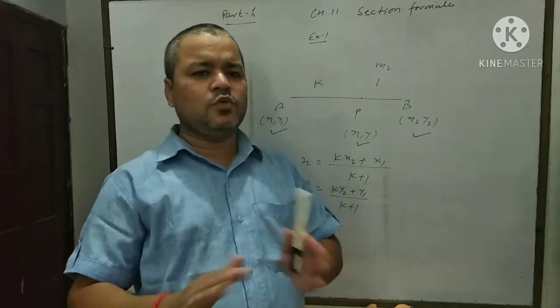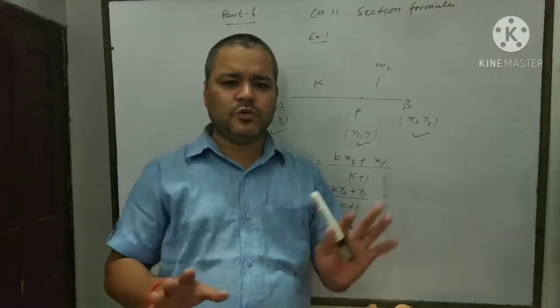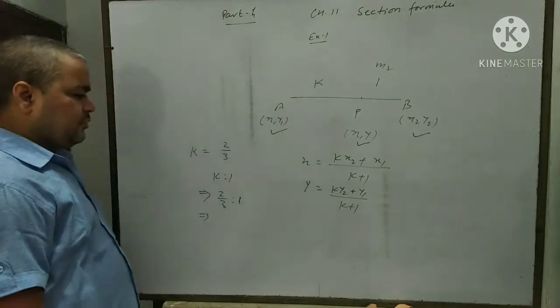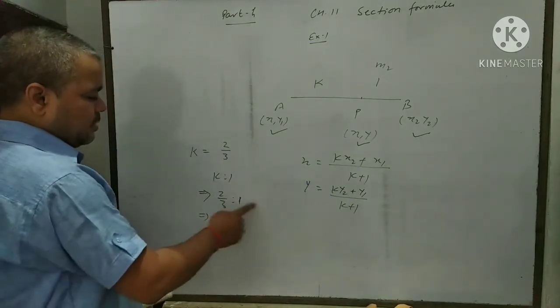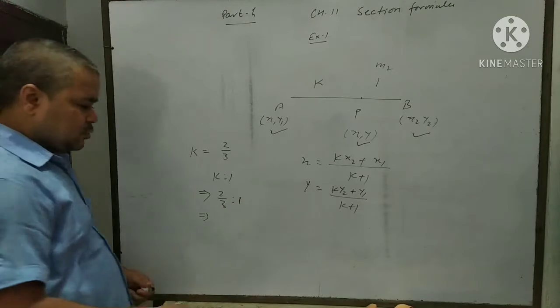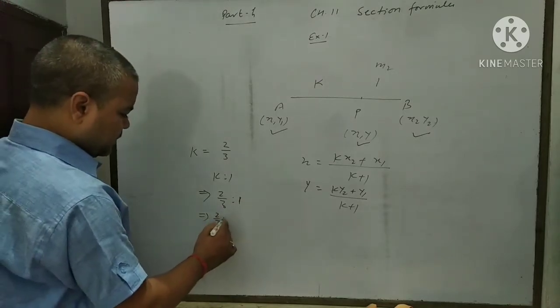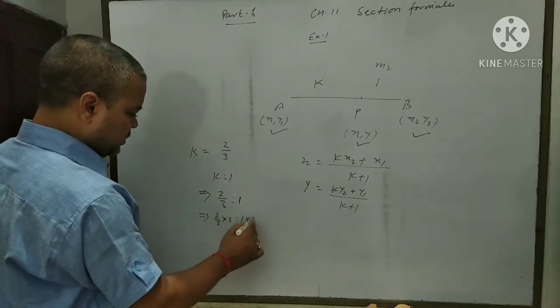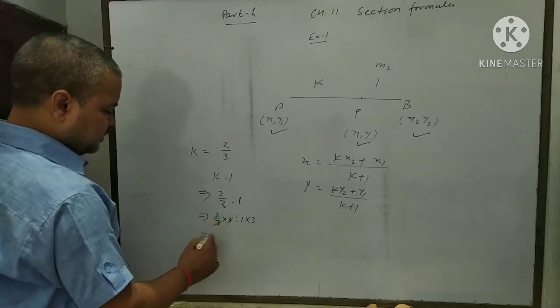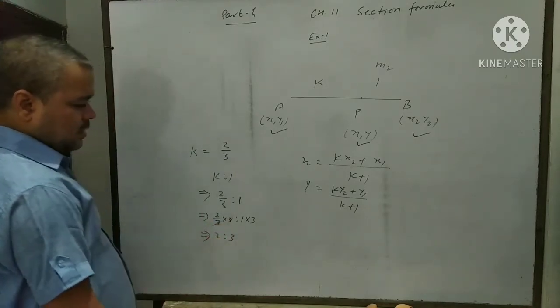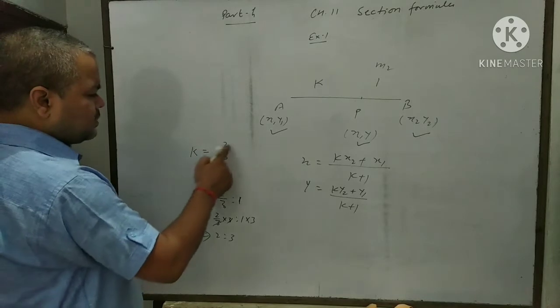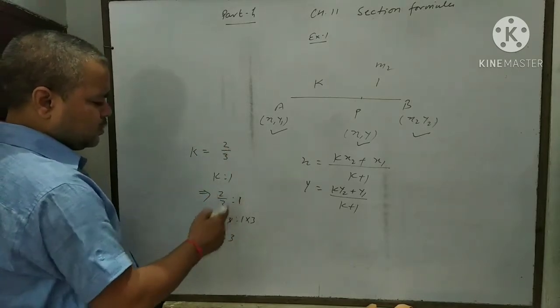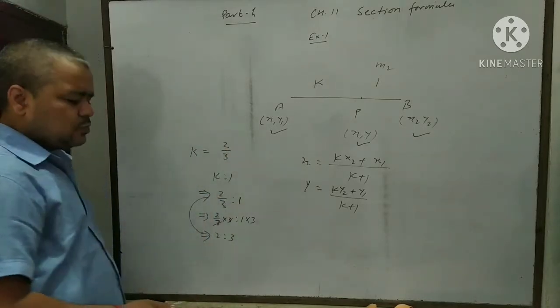Similarly, if we multiply here by 3, then it will be 2 by 3 into 3 is to 1 into 3. 3 cancels, it will be 2 is to 3. So if K is equal to 2 by 3, we can write 2 by 3 is to 1, or directly we can write 2 is to 3.